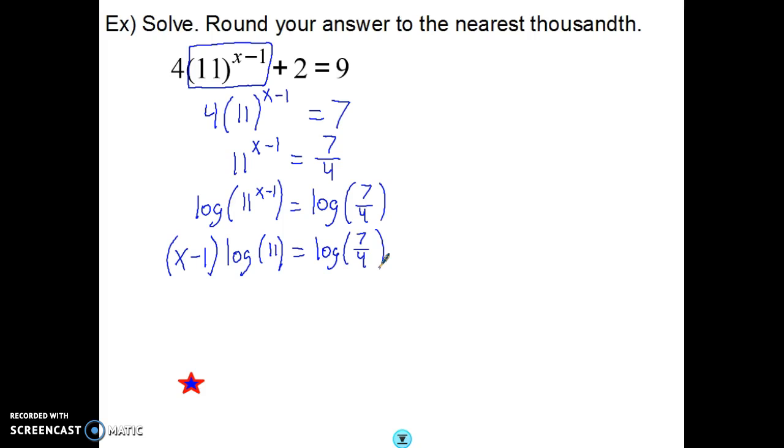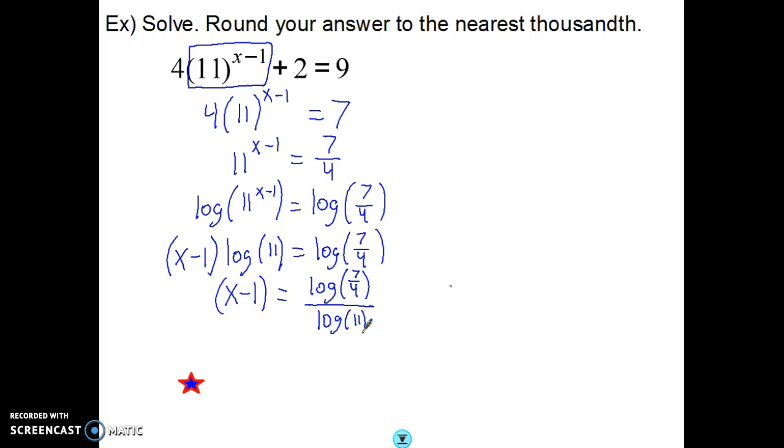And again, we're to the part where we have to solve for x. So we'll divide away this log of 11 first, leaving us with x minus 1 equals log of 7/4 over log of 11. And then the last thing we have to do in this case is not divide again, but to add 1 to both sides.